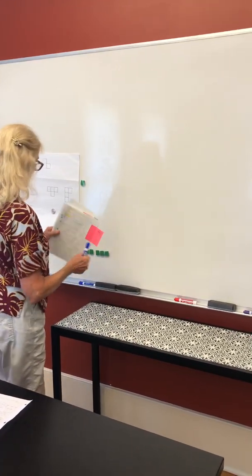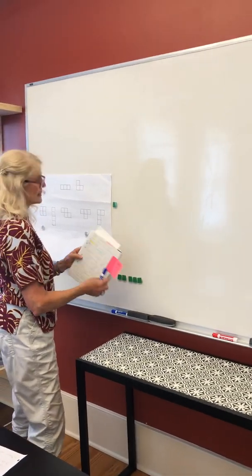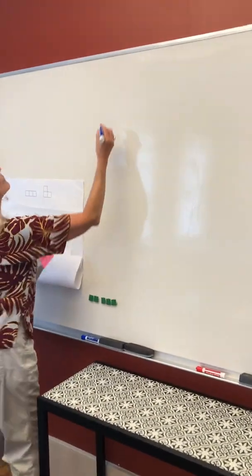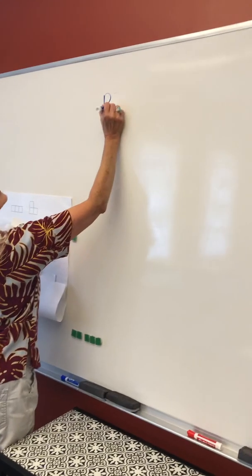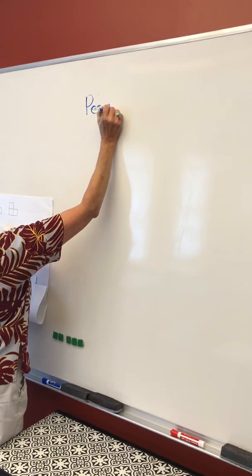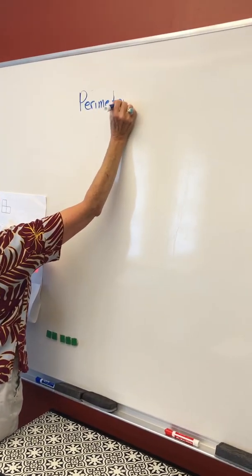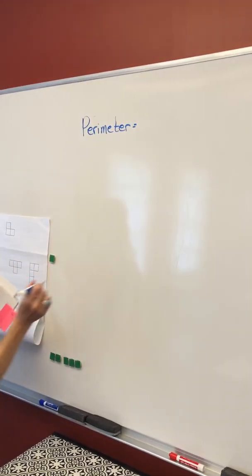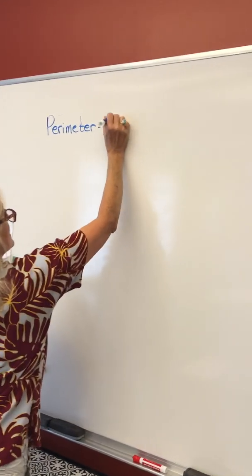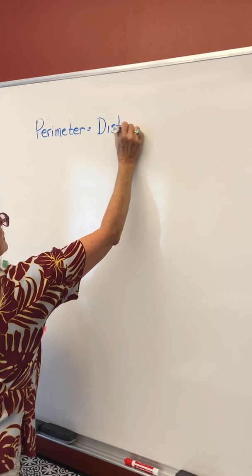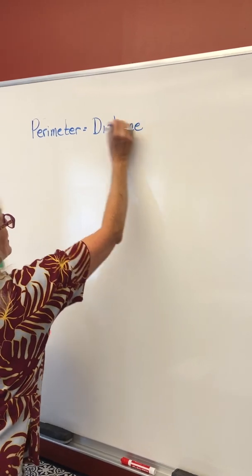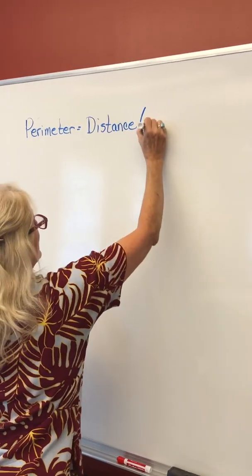All right, so let's look at perimeter and area. All right, and as I said, it's definitely a review. But perimeter, remember, is the distance or measurement, we might want to say.